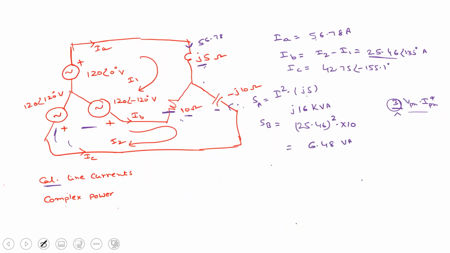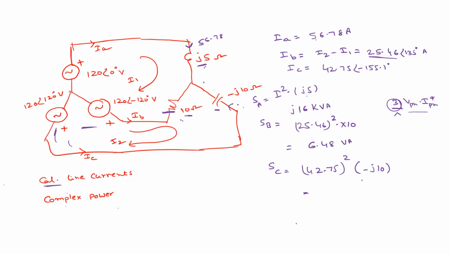We'll calculate SB, right? So what is SC? What is its magnitude? What is the C phase current? So that is 42.75 squared into what is its value? Minus J10, right? So how much is it? 42 point... Sir, minus 20J?